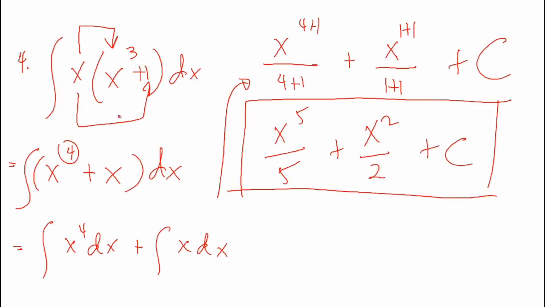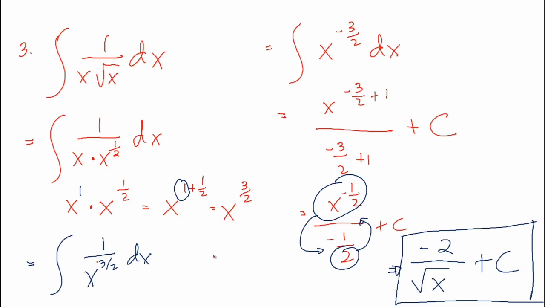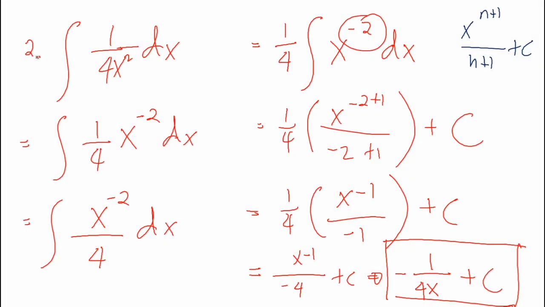Example number 5 is the integral of 1 over 3x squared dx. So in this case, as you can see, the squared includes both 3 and x. In example number 2, the squared applied to x only, and 4 was not included.